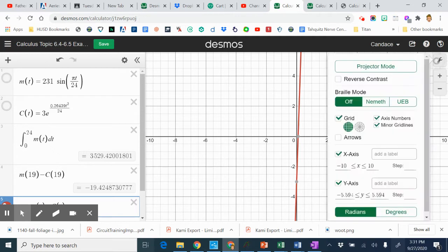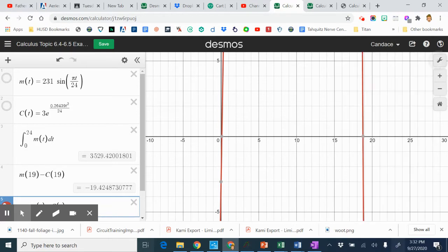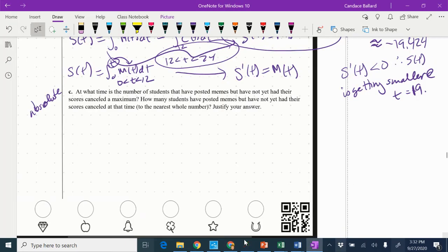So I'm going to go to my settings. I'm definitely in radians, and I'm going to go to maybe 30, just so I can see all of my graph. All right, and so we notice that my zeros are 0.99 and 18.778. So I'm going to use those as part of my candidates.